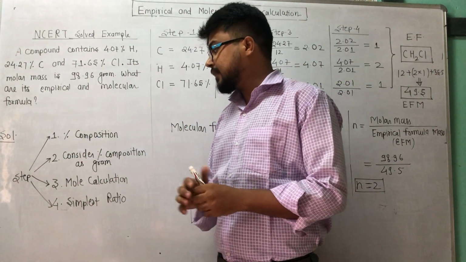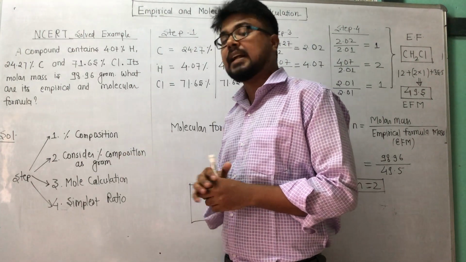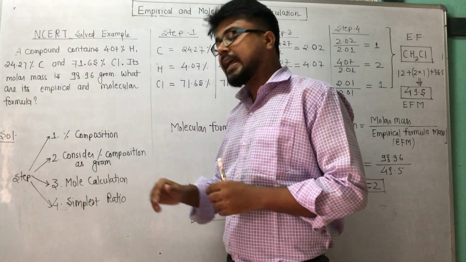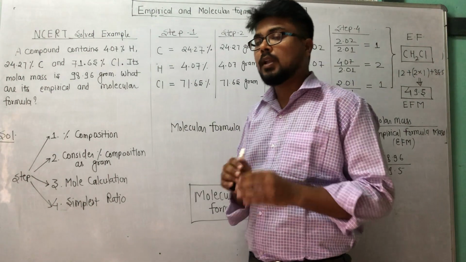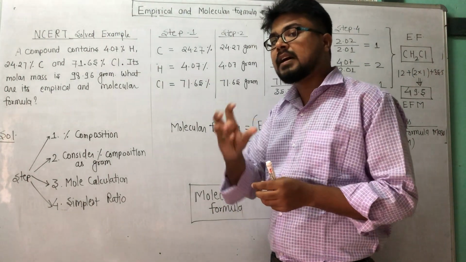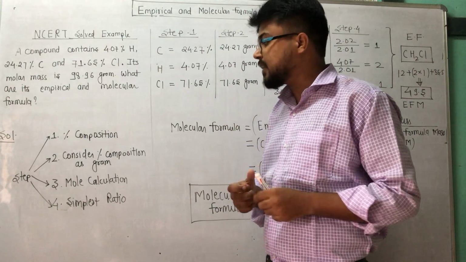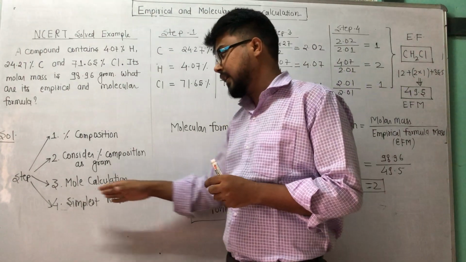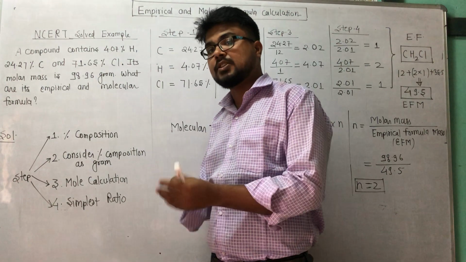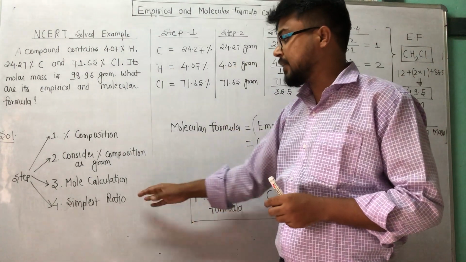Number 2, consider the percentage composition as gram. Number 3, mole calculation. How can we calculate mole? By dividing the given mass by the atomic mass of that particular element. At last it is the simplest ratio, and the simplest ratio is nothing but the empirical formula.